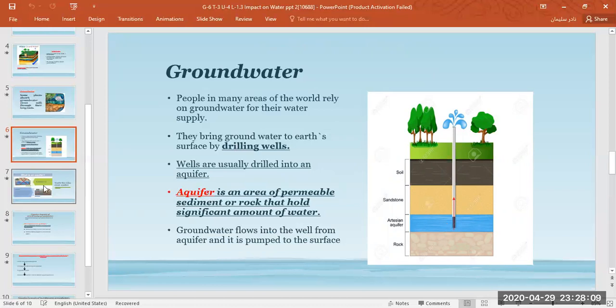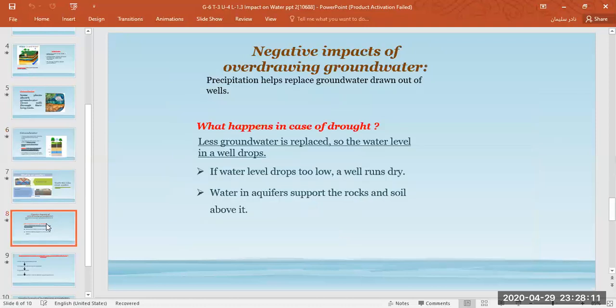The groundwater filling the spaces between the rocks and sediments and within the rocks provides support for the rocks and the soil layers above the aquifer. It means that groundwater is very important for the stability and support of the land.